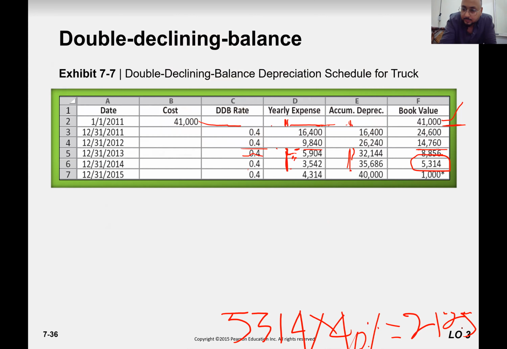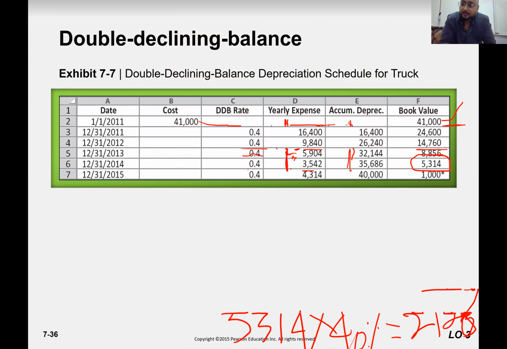So we'll just round off to 2,126. So that should be the depreciation. But if you see, the depreciation here is 4,314.